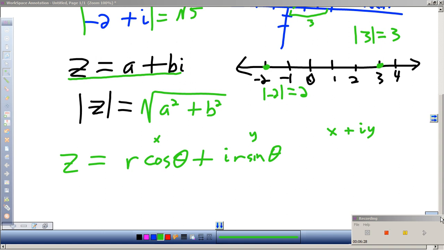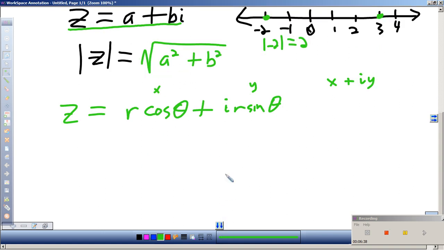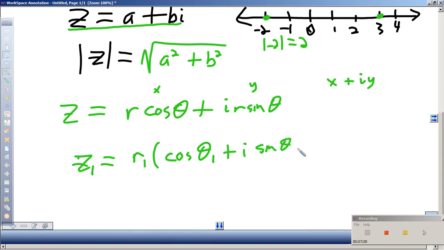Okay. Now, we're going to be multiplying some of these. So if we have z1 and z2, we have z1 equals r1, and you're going to factor out the r, so I'm going to get cosine of theta 1 plus i sine of theta 1.